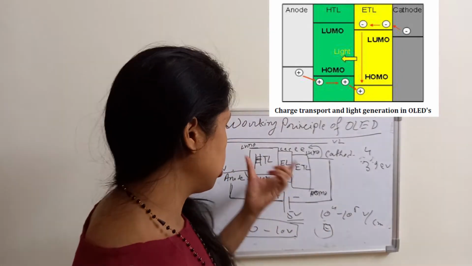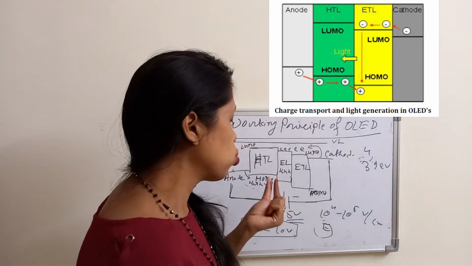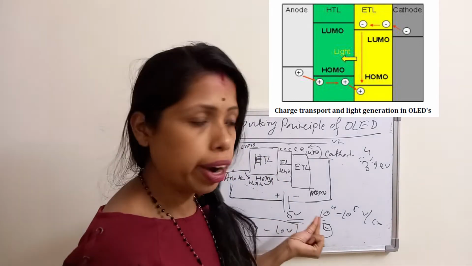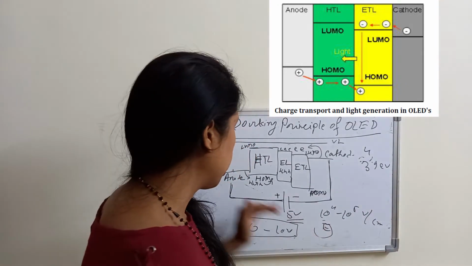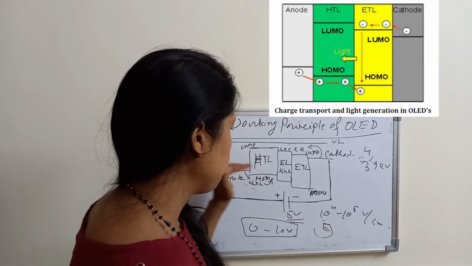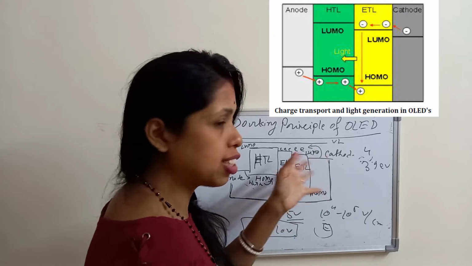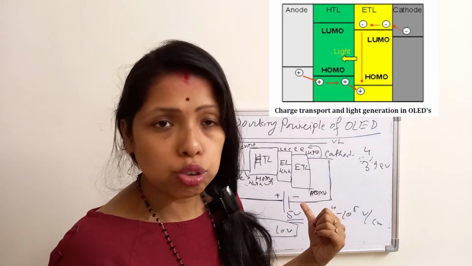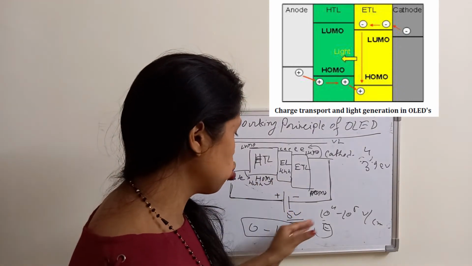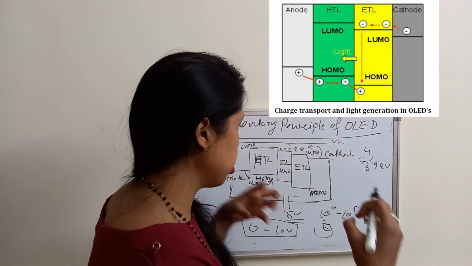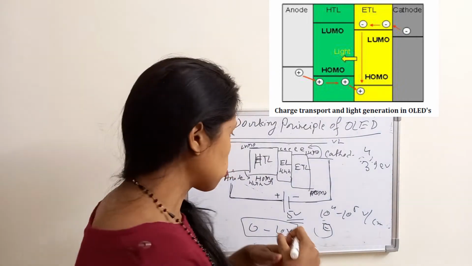So if we make thin layers, less voltage is required for getting a high electric field. Due to the high electric field, the hole will be accelerated towards the electron, and the electron will be accelerated towards the hole, because the energy barriers are there, but due to the high electric field both will be accelerated into each other, right?